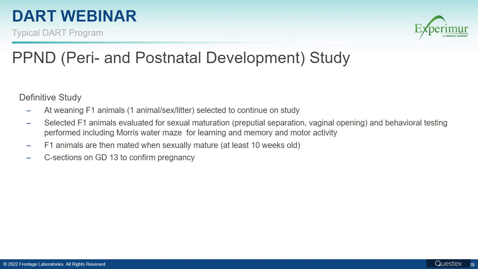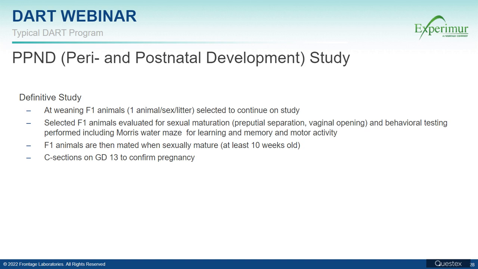We look at animals during the lactation period when they're still nursing with the dam, to find out what types of changes we can detect in these animals. Then after weaning, we select F1 animals, the offspring.